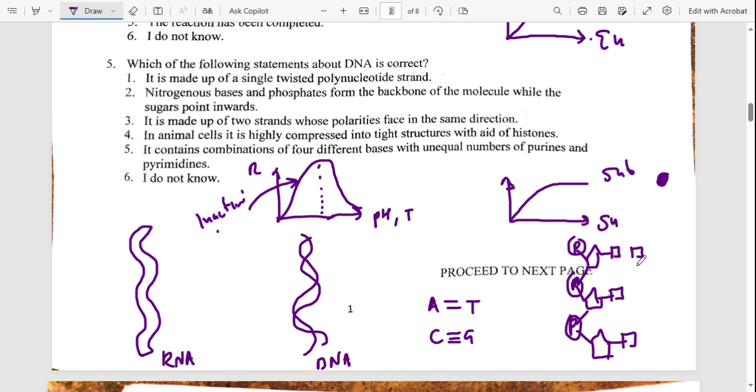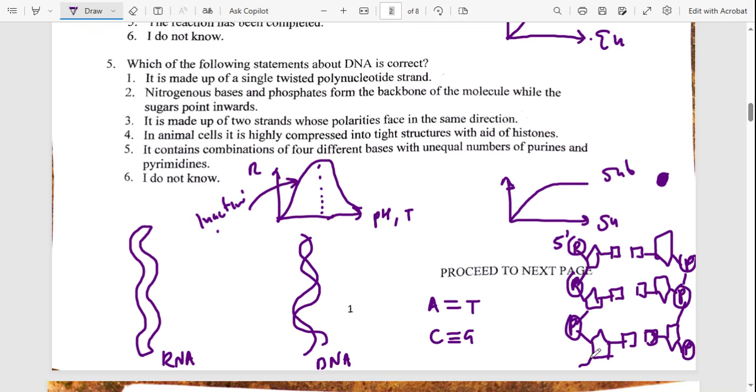Another molecule is going to be this side, but in this side it will be moving in the opposite direction. Hope you can see the way I'm drawing it. It's moving in opposite direction. So the end where a phosphate is, we call that the 5' end.